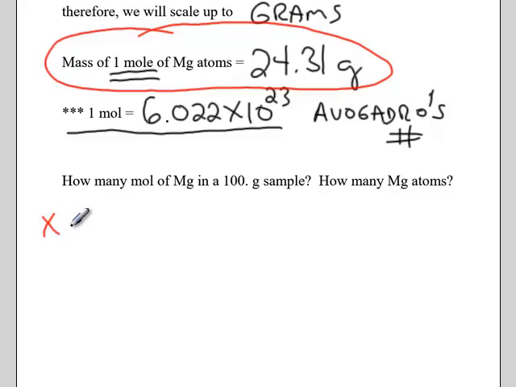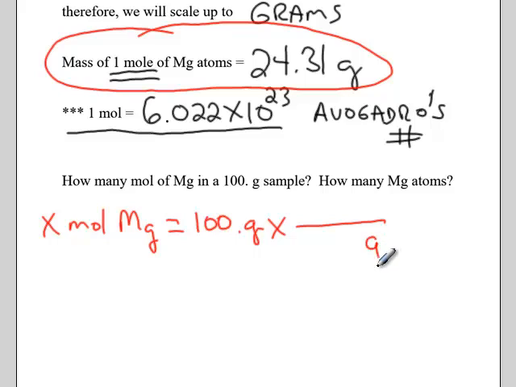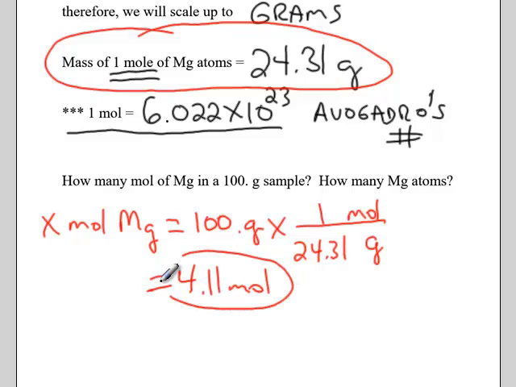So in this case, the unknown, how many moles of magnesium do we have in 100 grams? We can turn grams of magnesium into moles of magnesium using the periodic table. 1 mole, 24.31 grams. So we get just over 4 moles of magnesium.